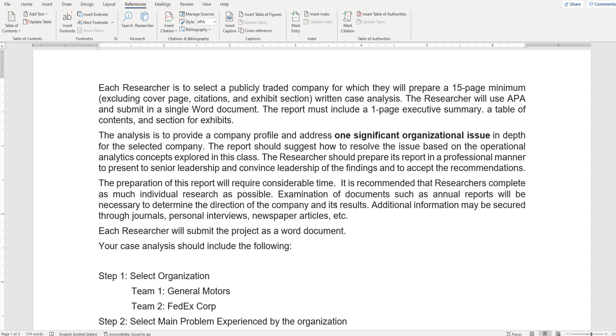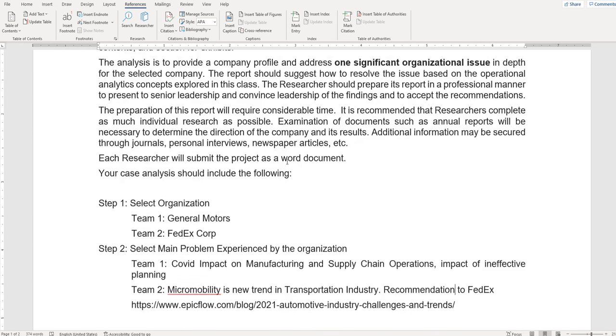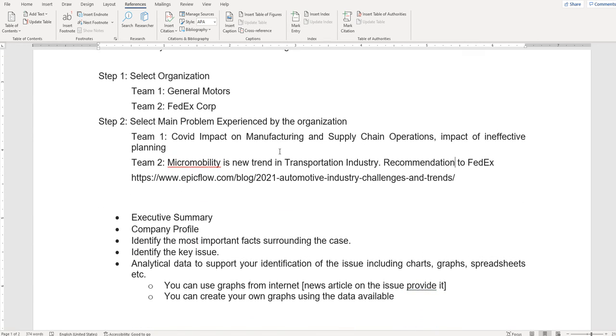If it is a problem directly related to the organization, you will get some information on it, and you will describe what problem the organization experienced. After selecting the organization and identifying the problem and its impact, you start documenting the report. Here I am giving you the organization and the problem it experienced.